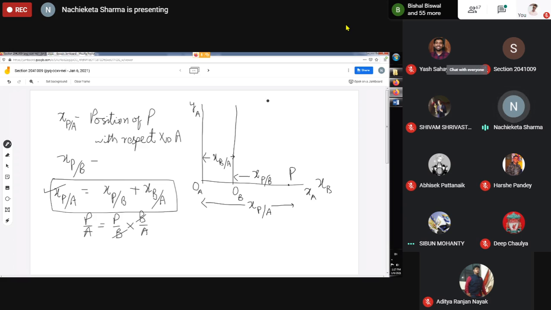So I will take a derivative of this equation. So dx of P by A with respect to dt.